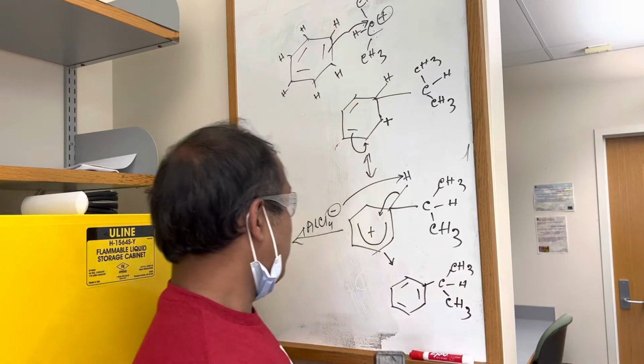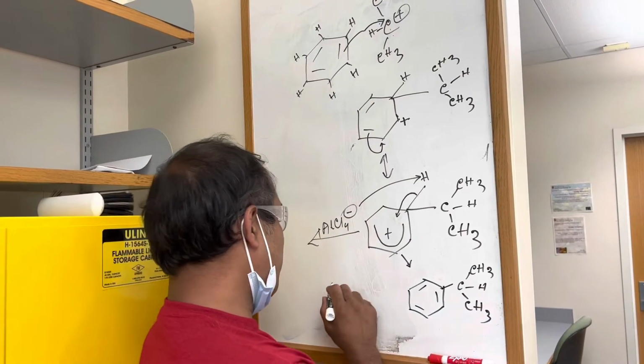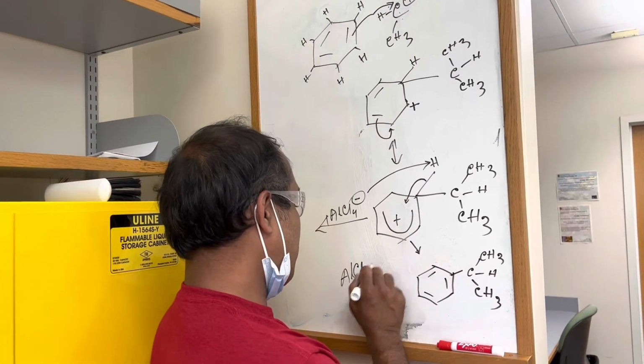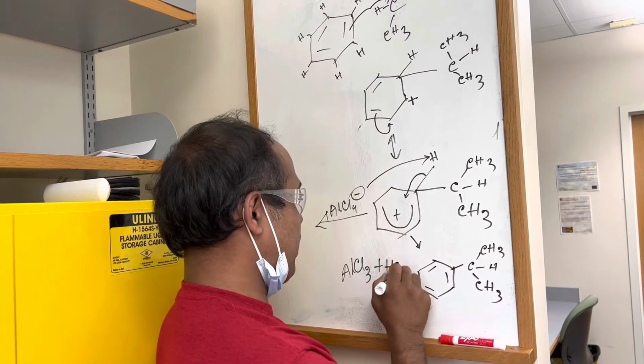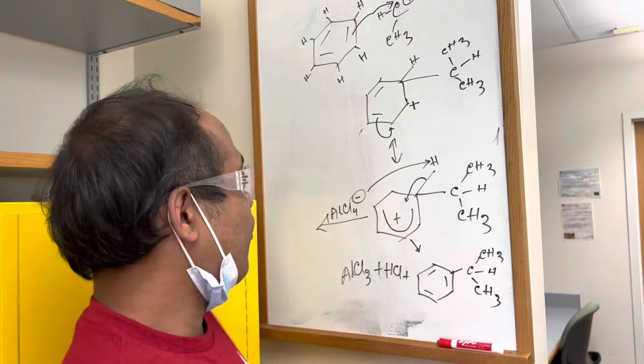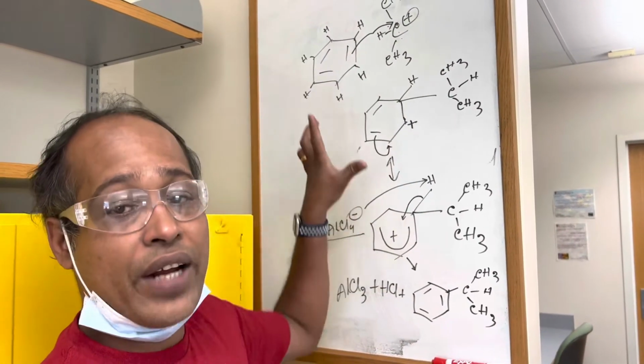Definitely aluminum chloride will come back, and one extra chlorine will be taken by this H, so it will form HCl. So this is the final reaction for the Friedel-Crafts alkylation.